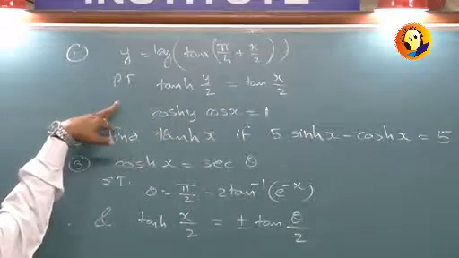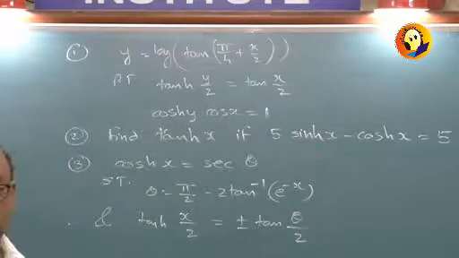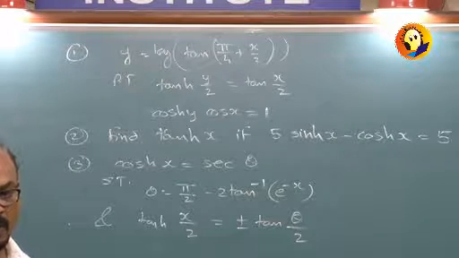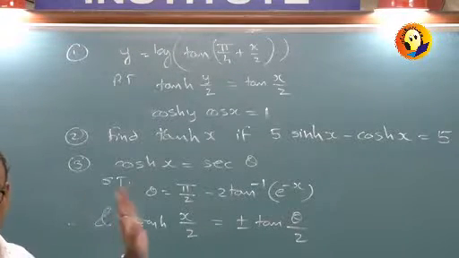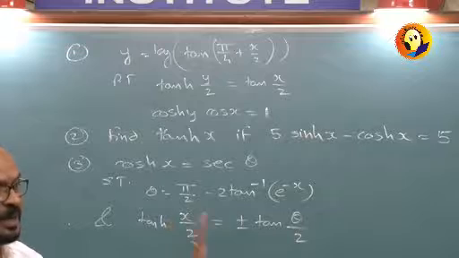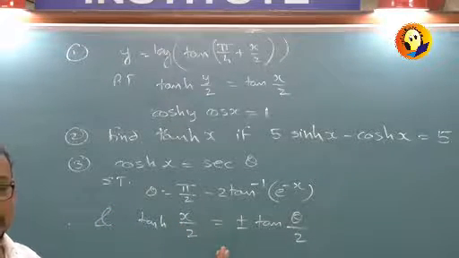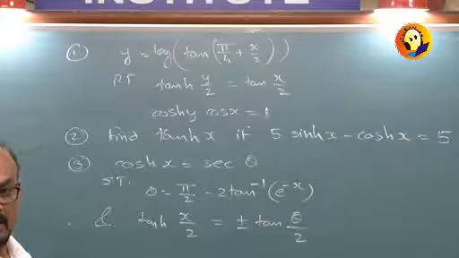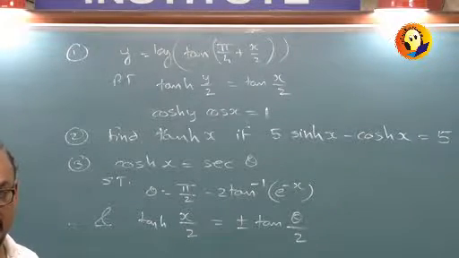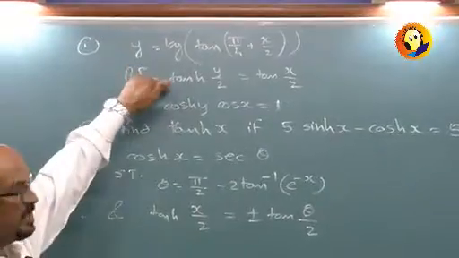And you multiply left hand side numerator and denominator by e raised to minus y by 2. E raised to y minus 1, if you multiply by e raised to minus y by 2, it will be e raised to y by 2 minus e raised to minus y by 2 upon e raised to y by 2 plus e raised to minus y by 2, that is tanh.